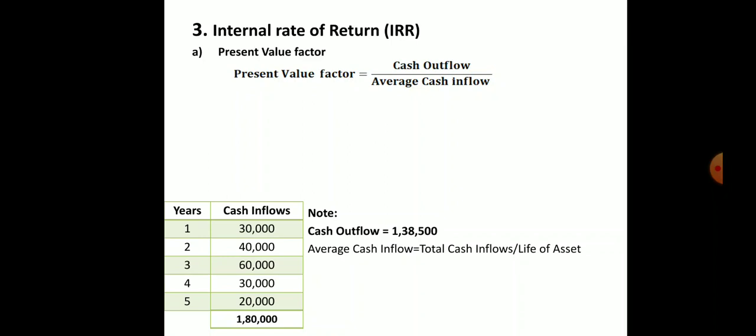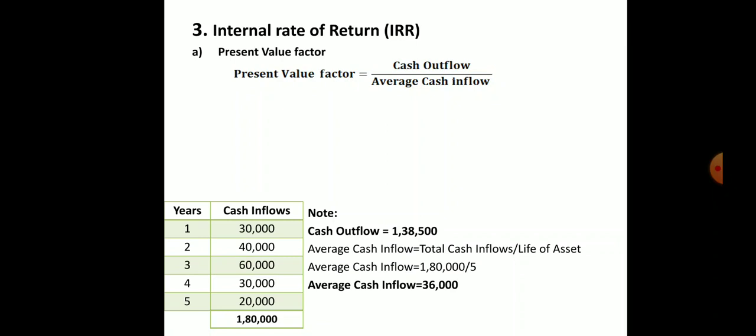If you add all the cash inflows for 5 years, you get 1,80,000, divided by the life of the asset, 5 years. So average cash inflow is 1,80,000 divided by 5, which gives an average cash inflow of 36,000.